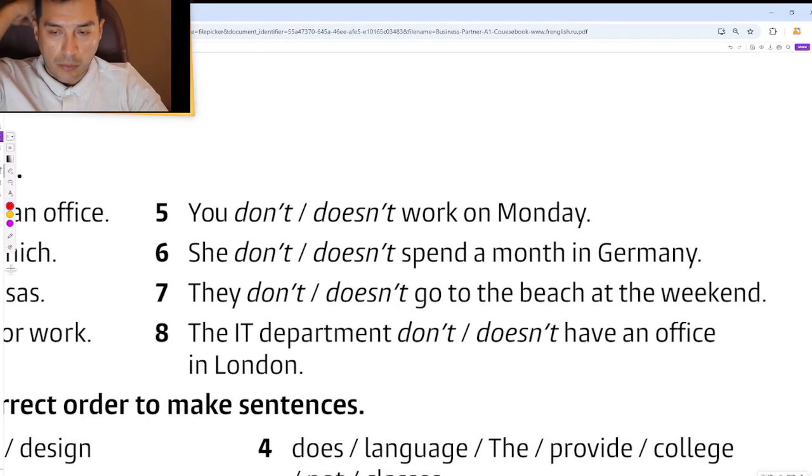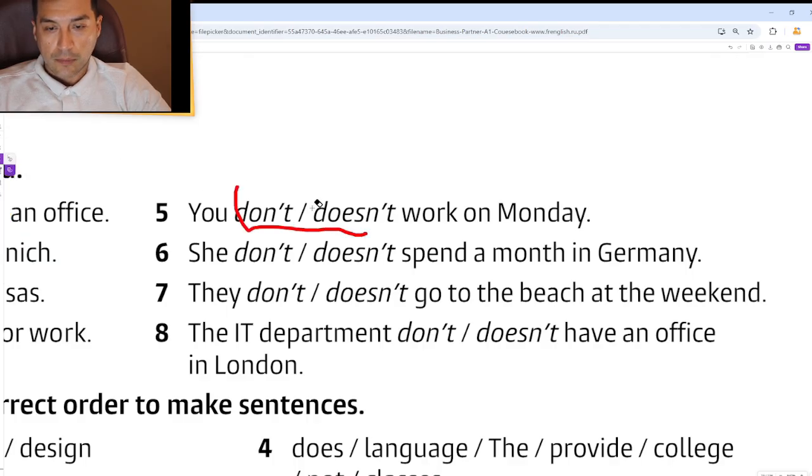You don't or you doesn't work on Monday. You don't work on Monday. You doesn't work on Monday. You don't work on Monday. Number 6. She don't, she doesn't.